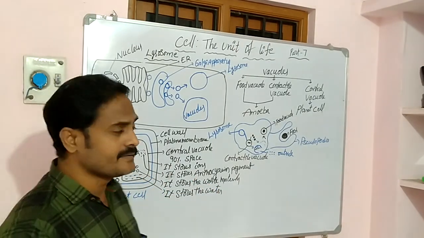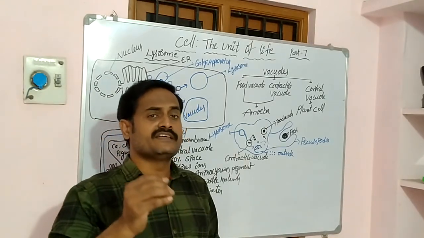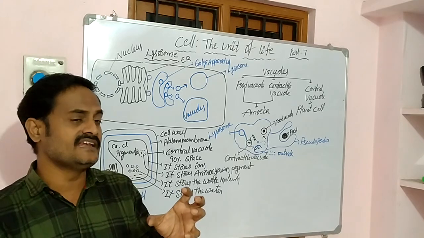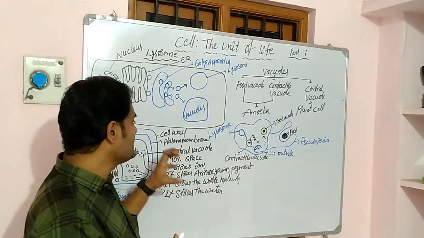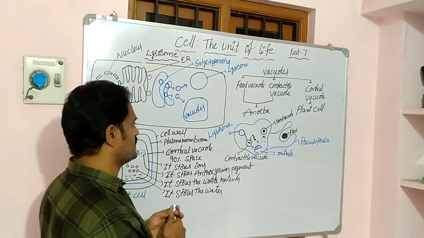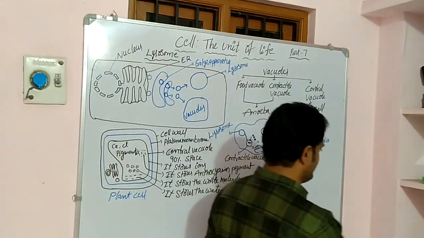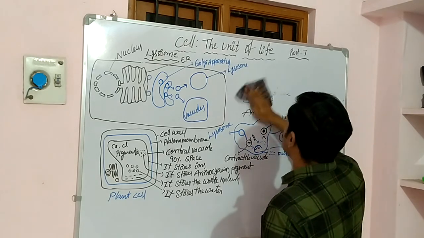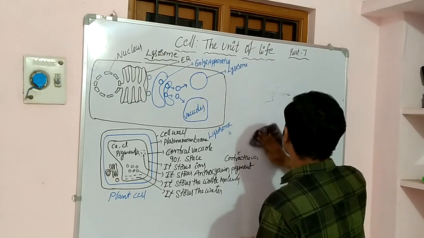Okay, you have to remember one thing here. When the cells are at a younger age, that means early age plant cells, the vacuoles are small only. So I will write here, in early aged plant cells.